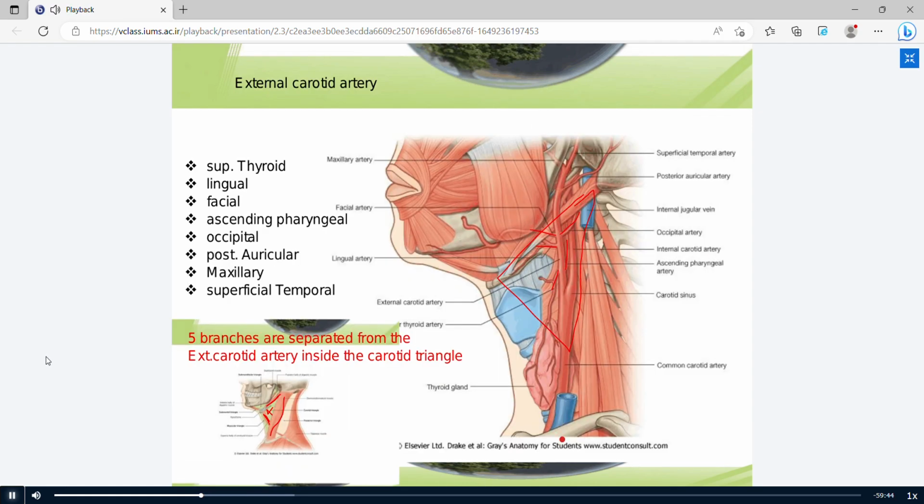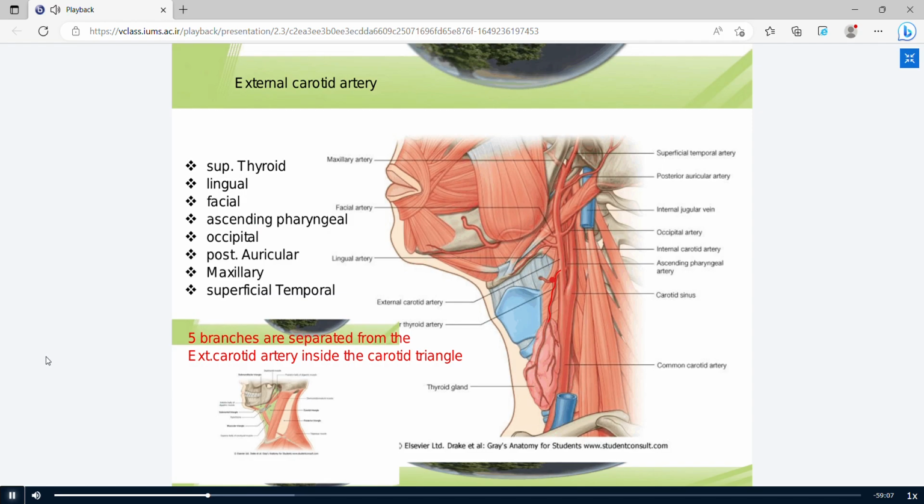This is the superior thyroid artery. It is the first branch of the external carotid artery, arising from the anterior surface of the external carotid artery near the bifurcation of the common carotid artery. After that, the superior thyroid artery travels downward, enters the thyroid gland, and supplies the superior part of the thyroid gland.